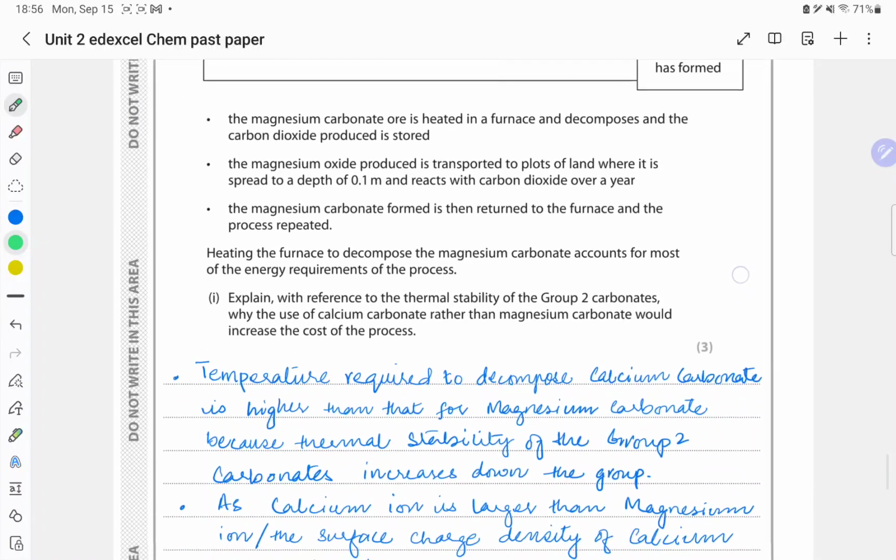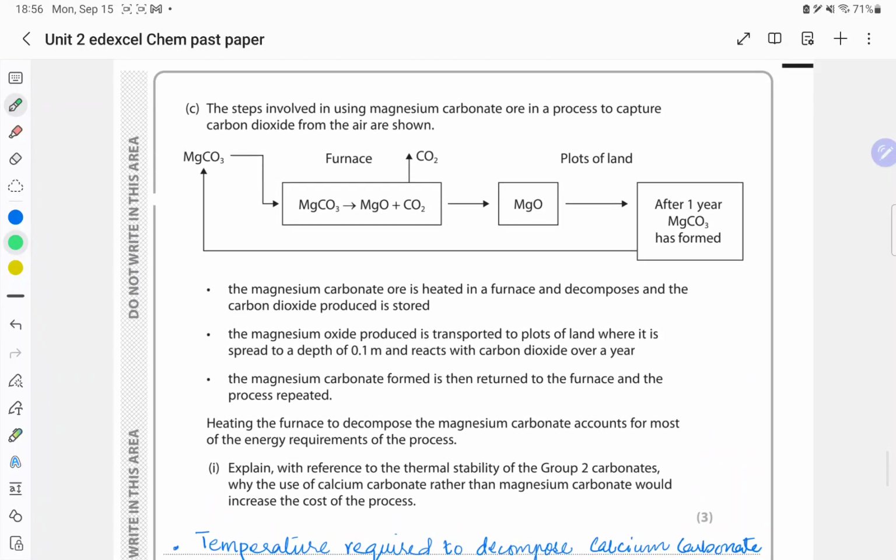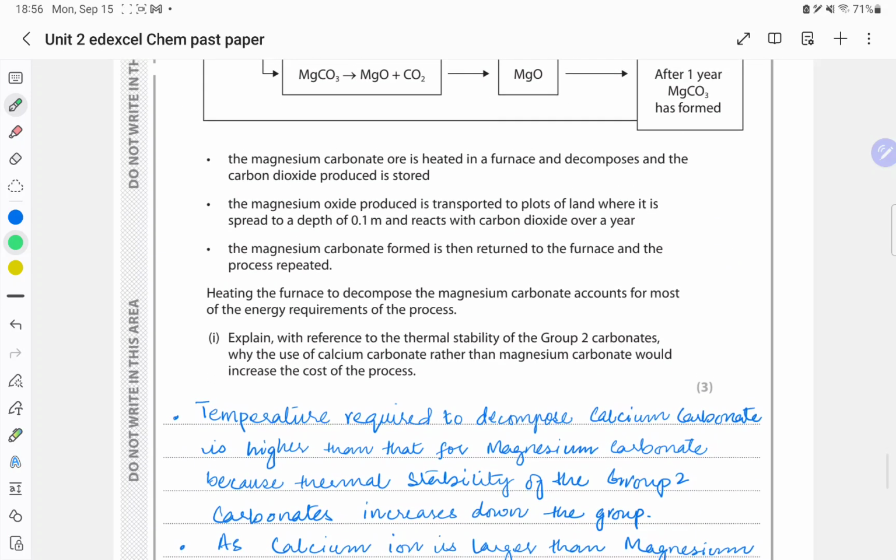Okay, another question we have got here. The steps involved in using magnesium carbonate ore in a process to capture carbon dioxide from the air are shown. Magnesium carbonate ore is heated in the furnace. The magnesium oxide produced reacts with carbon dioxide and water. Okay, so basically they're not related. This information is actually not directly coming into the answer, but the important part is to read this.